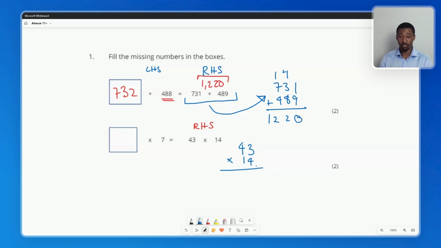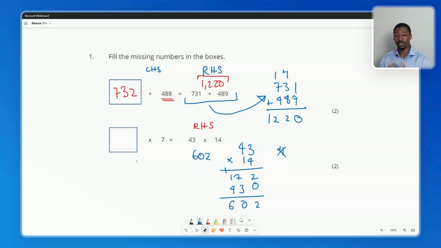So we have 3 times 4, 4 times 3, 12, 2, carry the 1, 4 times 4, 16, add the 1 is 17. Placeholder here, we don't start in this column, we start in the next column. So now we have 1 times 3, 3 times 1, which is 3, 4 times 1, which is 4. So 2 plus 0, 2, 7 plus 3, 10, 2 plus 4, 6. So 602 on the right-hand side.